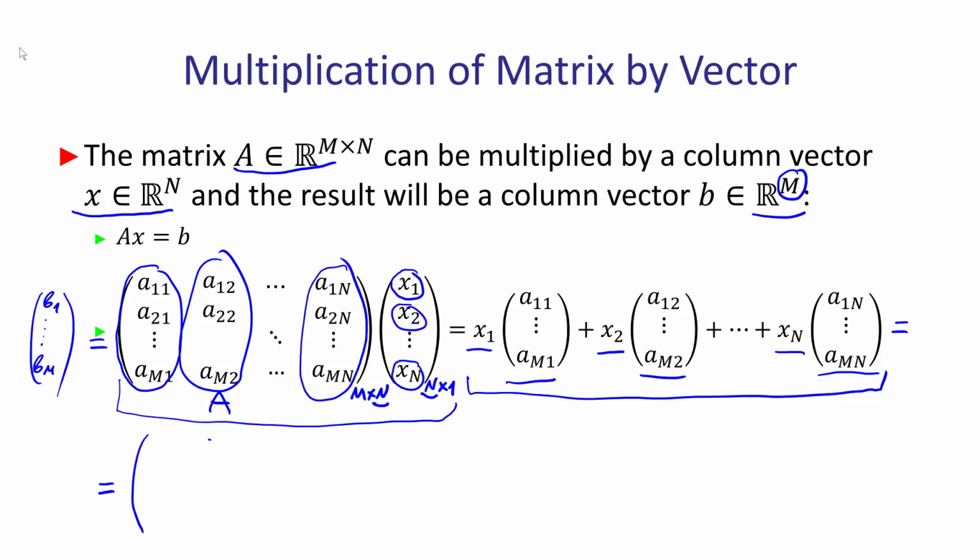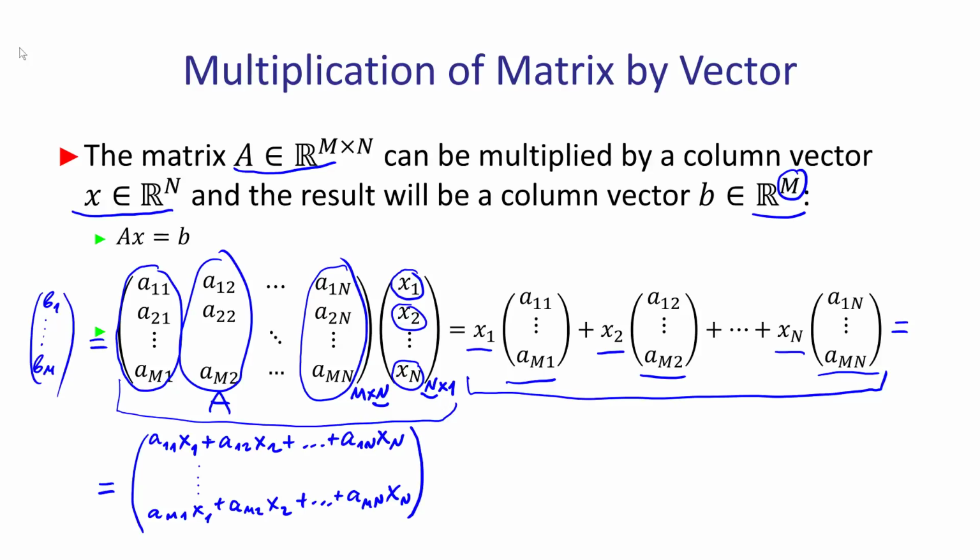So what will be the result of that kind of computation? We get a11 x1 plus a12 x2 plus, and so on, plus a1n xn, and so on until you get to am1 x1 plus am2 x2 plus, and so on, amn multiplied by xn.